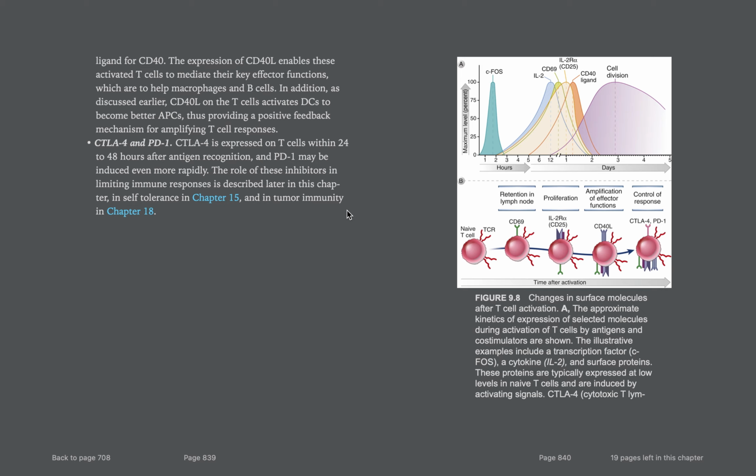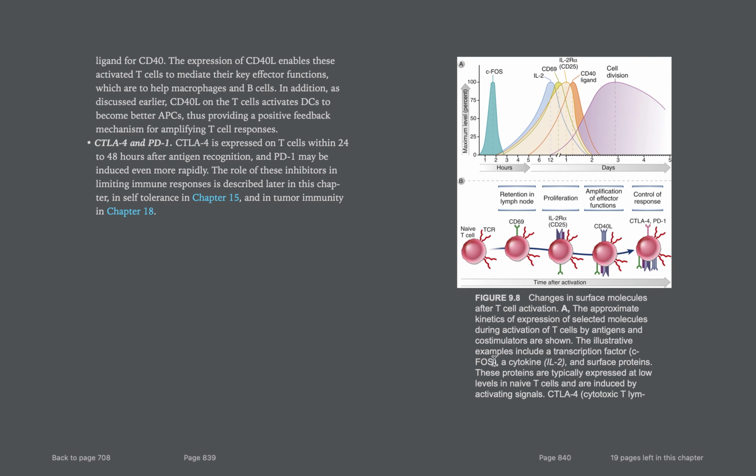This enables the activated T cell to mediate its effector function, but again, we are told the CD40 ligand activates the dendritic cell to become an even better antigen presenting cell. But there will also be production of inhibitory factors, CTLA-4 and PD-1 this time. So if we have to read anything, here we have changes in surface molecules after T cell activation.